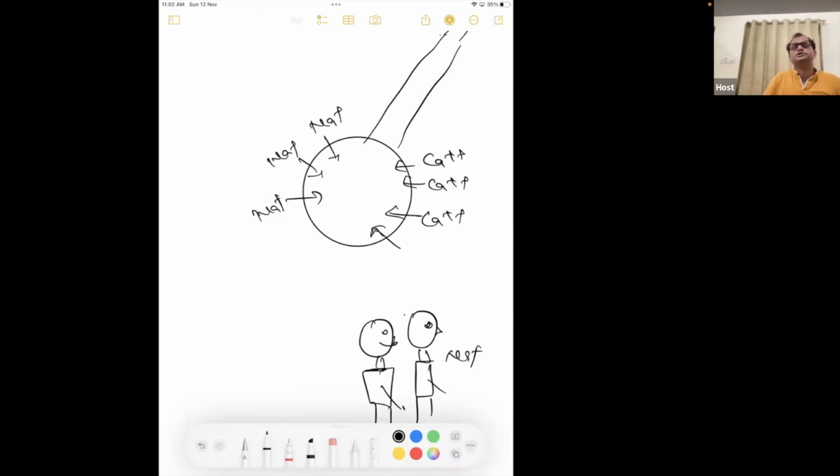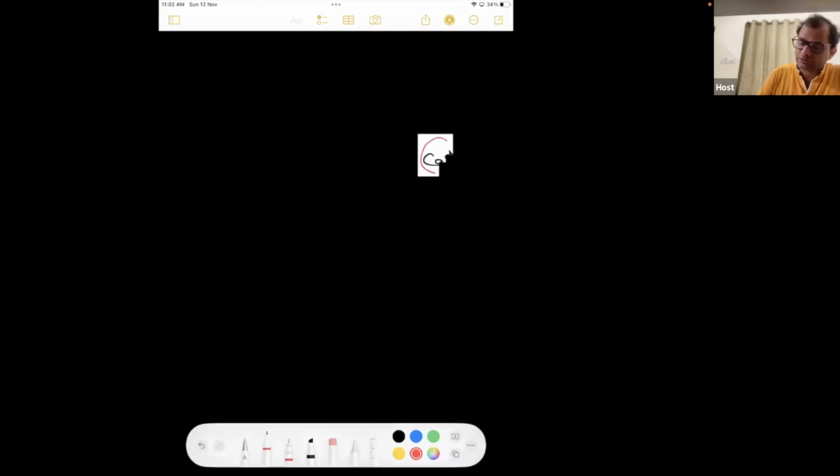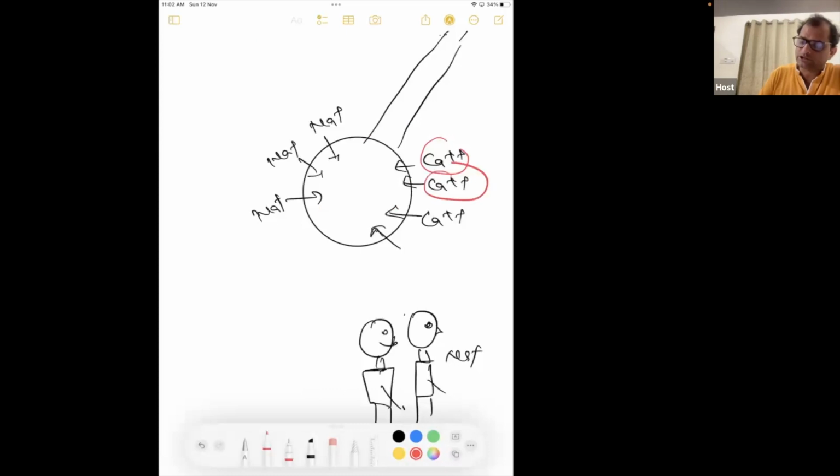They suffer with calcium deficiency, so they have to refill themselves with calcium. Because the more you use your muscles or the neuromuscular junctions, the more calcium you need. Because without calcium, you can't do contraction.